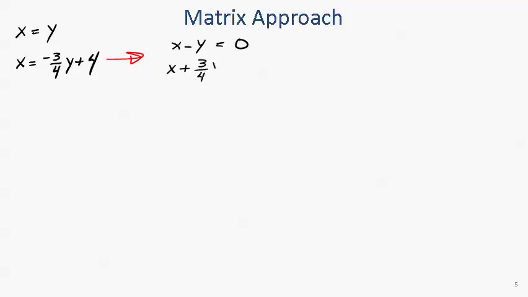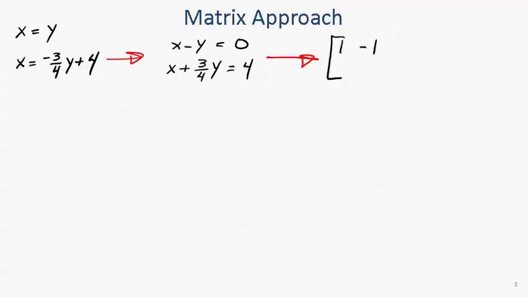Okay, let's try to solve our system of equations in a different way. So here's our system, and we're going to solve it using matrix algebra. The first thing we have to do is put all of our variables on one side. And then we're going to put them in matrix form, which involves taking out all the coefficients.